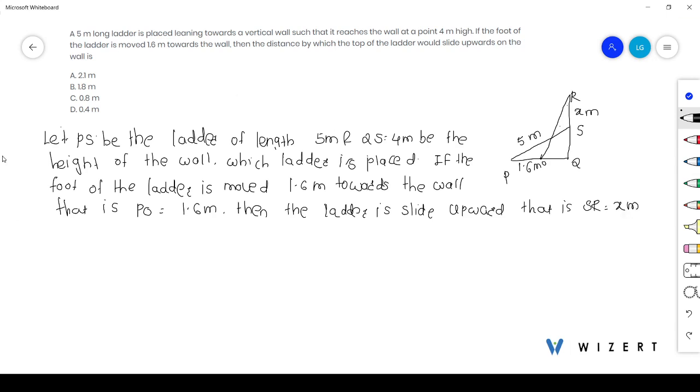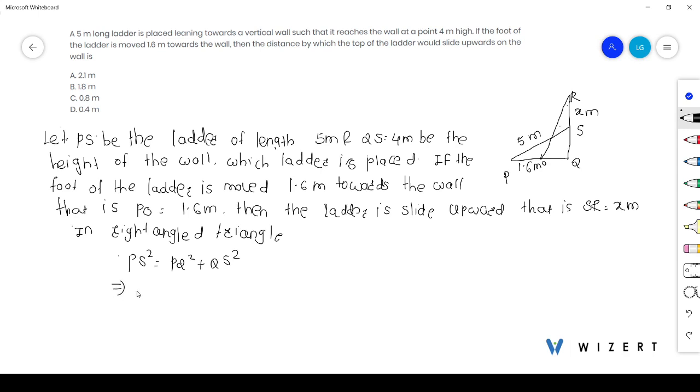We assume that. Now in right angled triangle PQS, here PS square equals PQ square plus QS square.